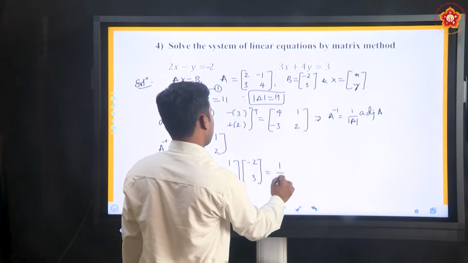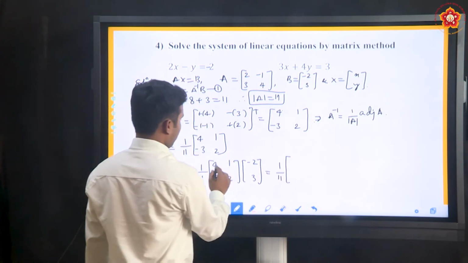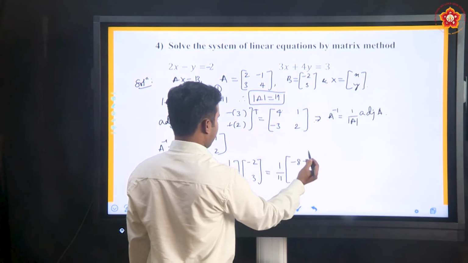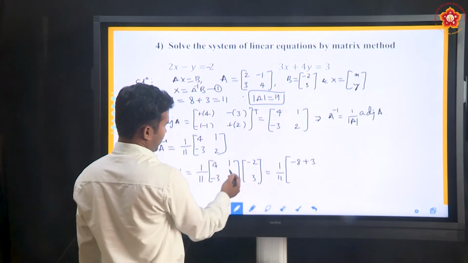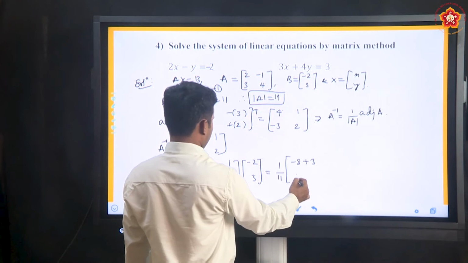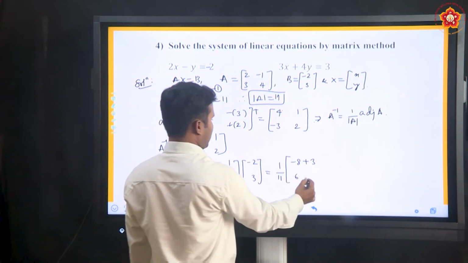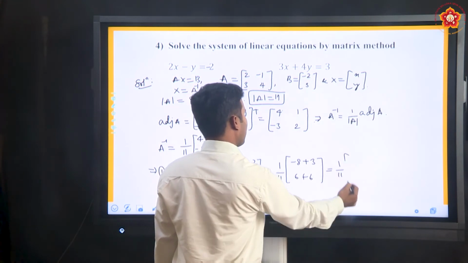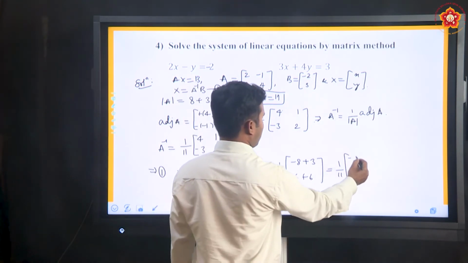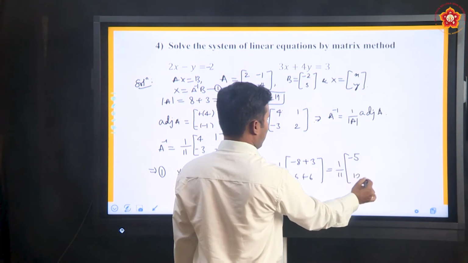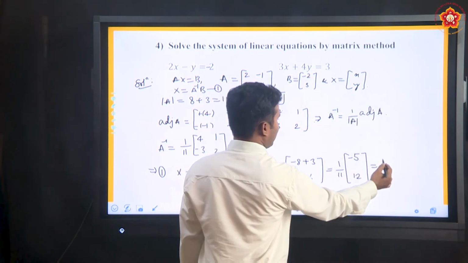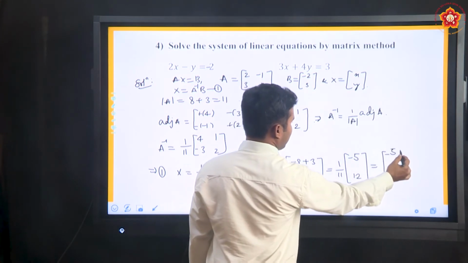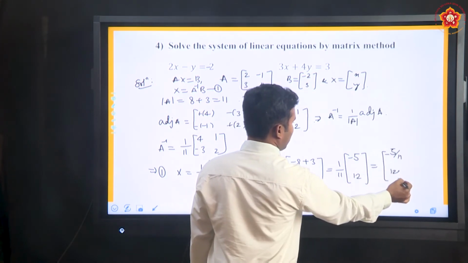With this, 1 by 11 into minus 8 plus 3, and minus 6 plus 6. So, now the answer is 1 by 11 into, what is this? Minus 5, and this is 12. So, you can multiply 1 by 11 to each of the entries, that is minus 5 by 11 and 12 by 11.